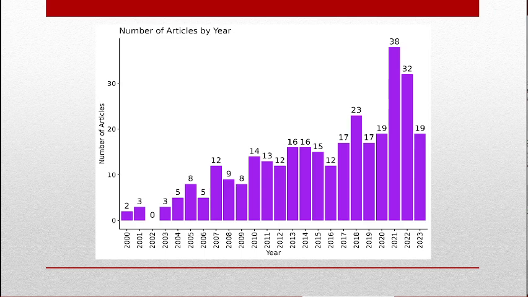So this is my first result. On the x-axis you can see the years, on the y-axis the number of articles, and one can see that there has been an increase in the application of geospatial technology, and hopefully it is increasing further due to artificial intelligence and other technologies coming into the field.